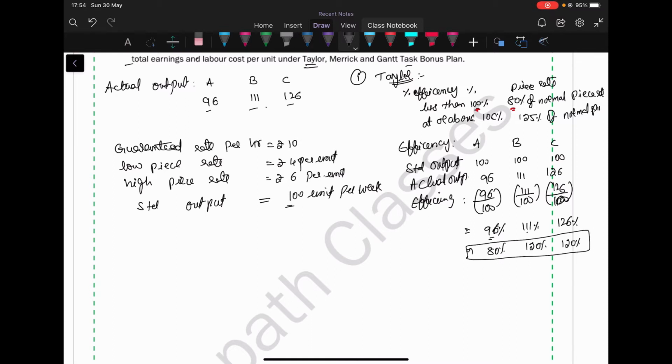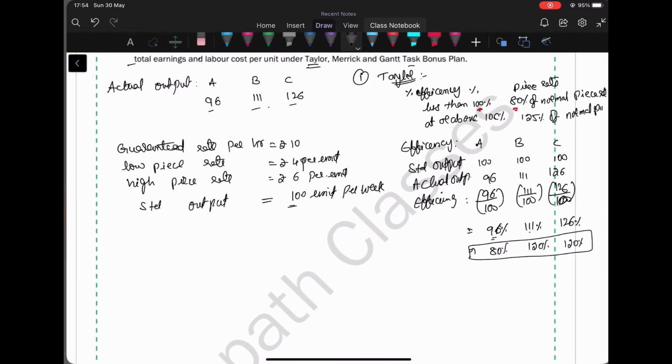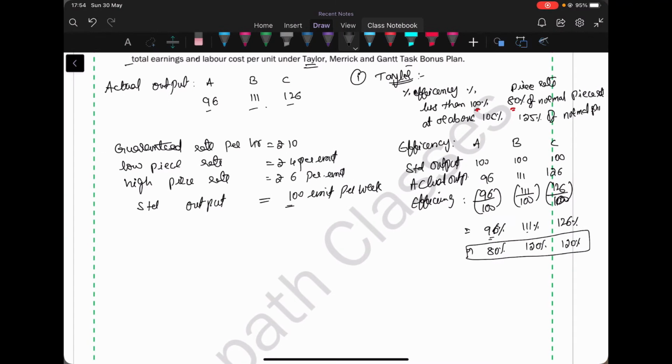Then how to calculate the labor cost? How to calculate for worker X? Actually how many units did worker X produce? He produced 96 units. Per unit the rate is given.